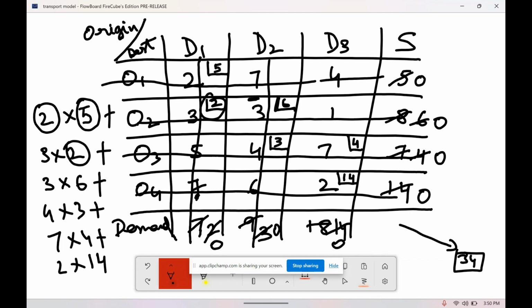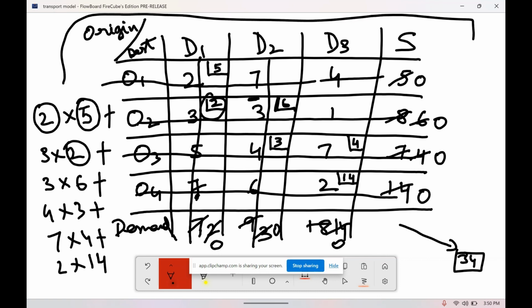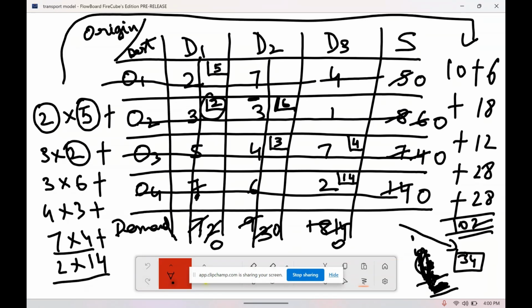And then what we do is I'm just taking this over here. 10 plus 6 plus 18 plus 12. Now the total: 10 plus 6 is 16, plus 18, plus 12, plus 28, plus 28, which is equal to 102.